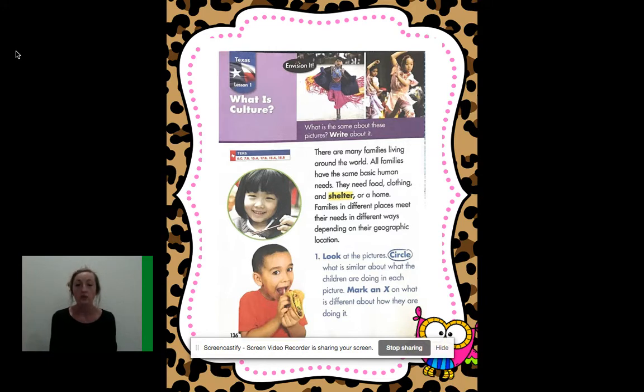And if you'll notice, there's going to be a number 1 underneath that, and it says, look at the pictures and circle what is similar about the children and what they're doing in each picture. Mark an X on what is different and how they are doing it differently. So you're going to complete those activities on your own, and I want you to just go ahead and pause me when we get to one of those and complete the independent practices as we go along.